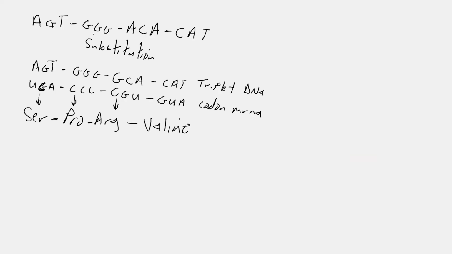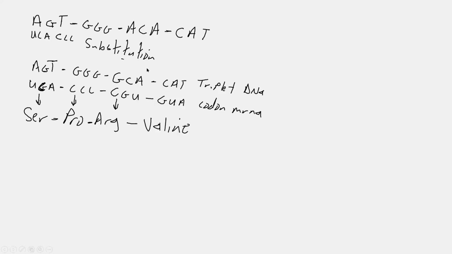So what does the original one give us? The AGT gives us UCA again, just like before, and CCC, just like before down here. Then we have GCA here and ACA, which gives us UGU instead.